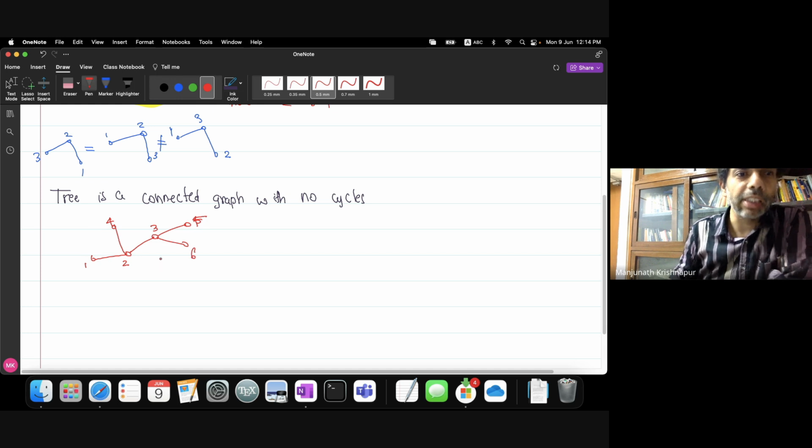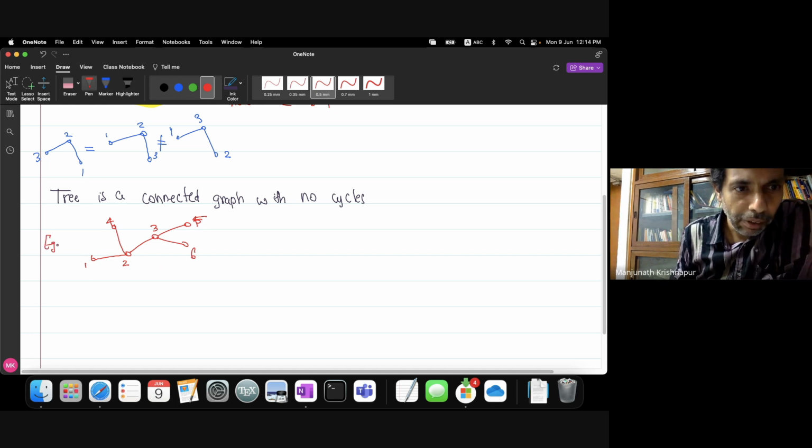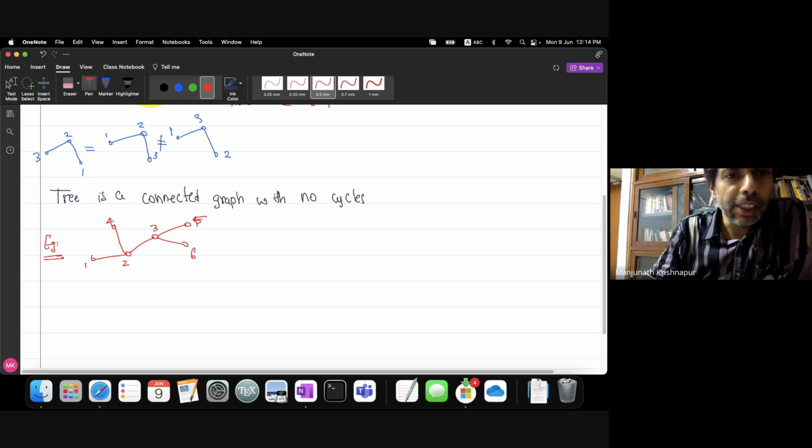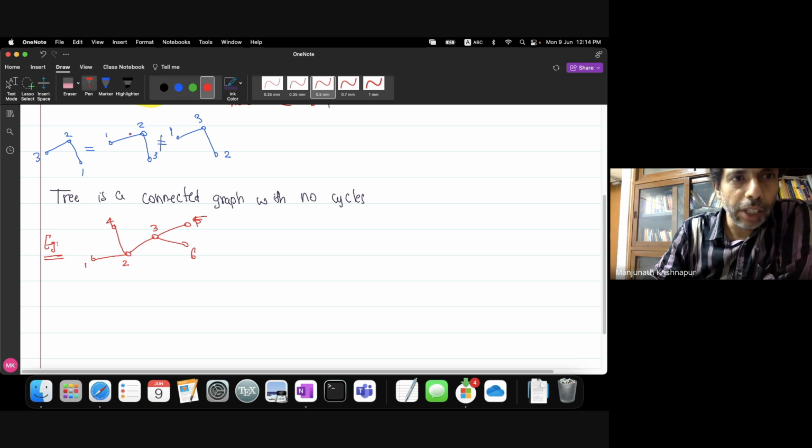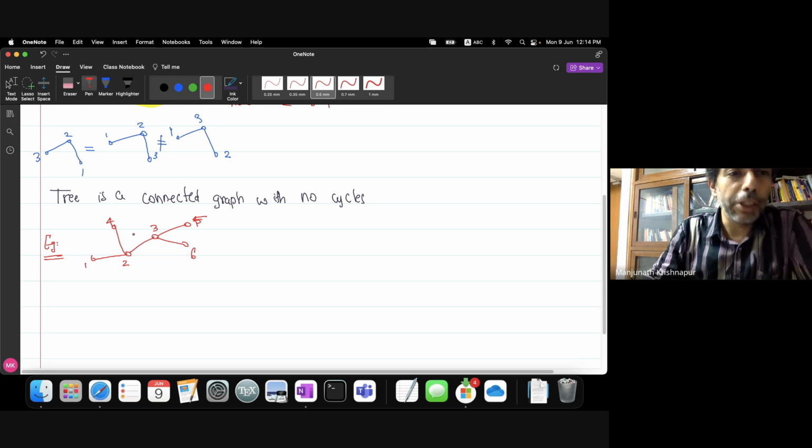So this is an example of a tree. This is an example of a labeled tree. We are also considering labels, where the vertices are labeled by 1 to n.